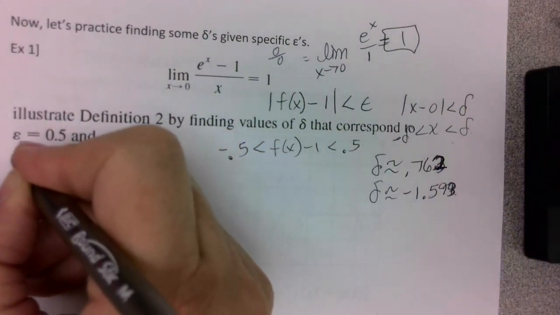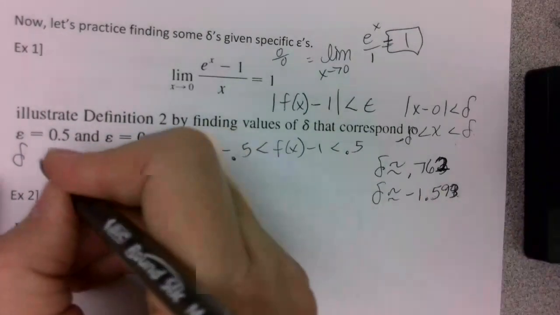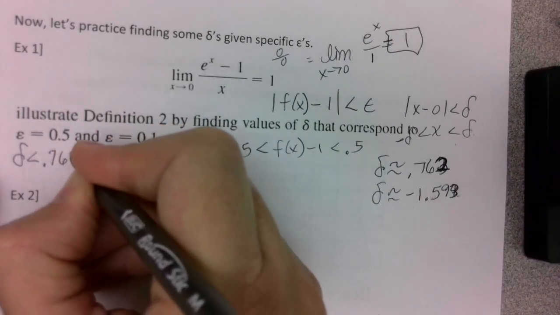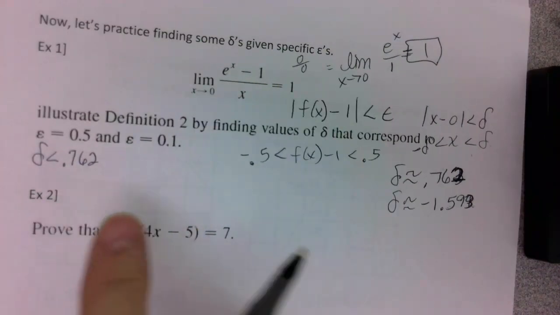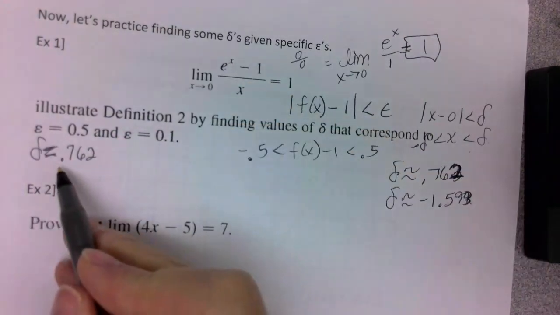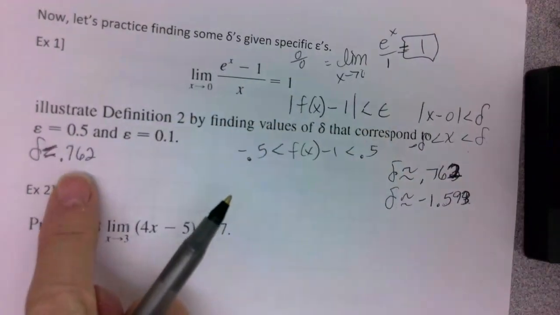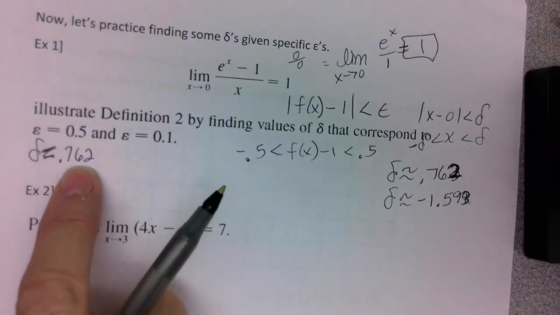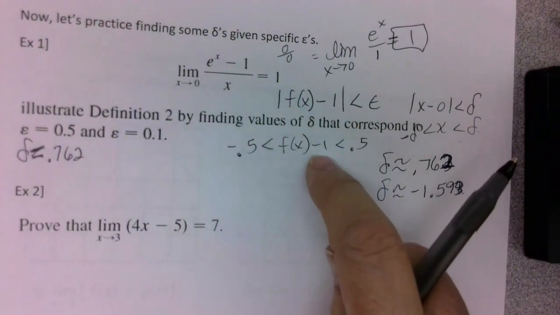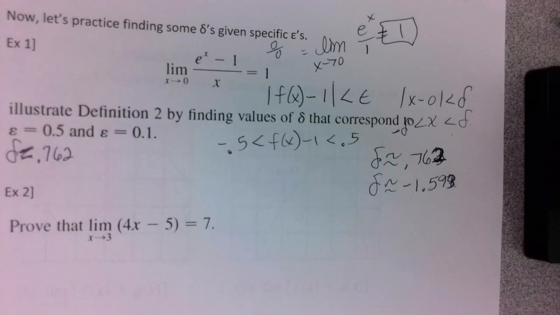So for this one, delta is going to be probably less than 0.762. Any number, you could just call it equal to. And honestly, I would have to accept any number for my delta less than that because it would guarantee this part is true, right?